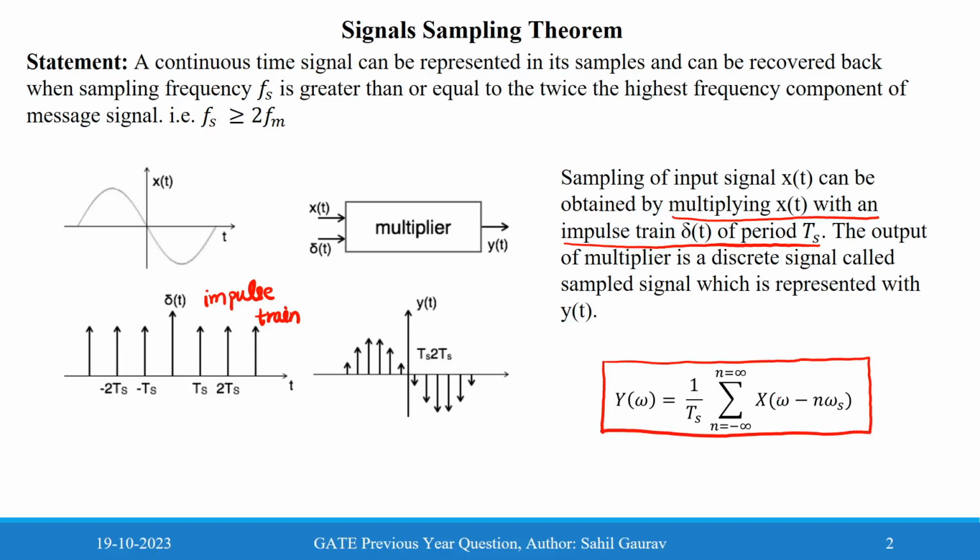We can see that the frequency components present at the output are f − nfs, written here as ω − nωs. In a better way we can represent it as f ± nfs, because n varies from minus infinity to plus infinity.